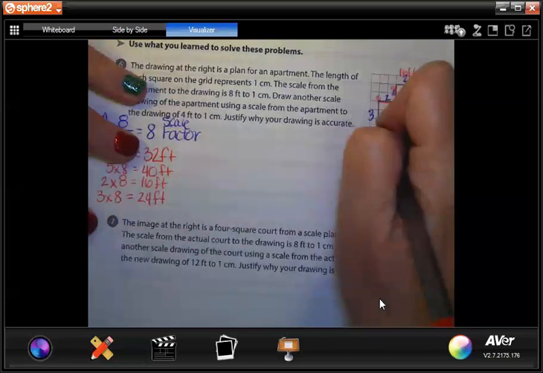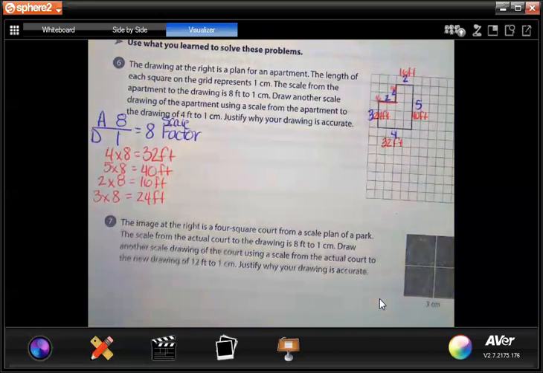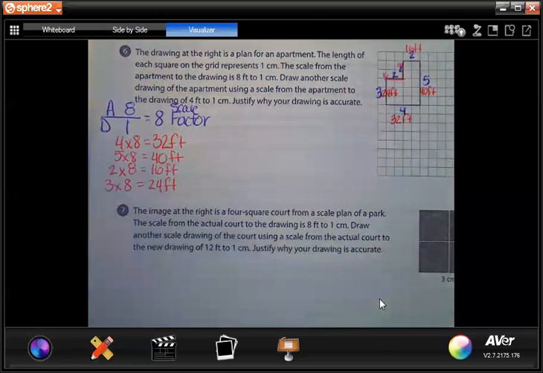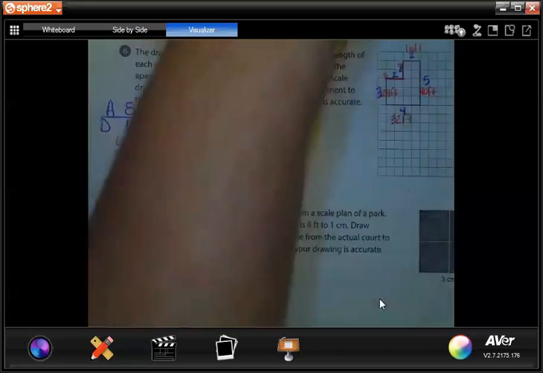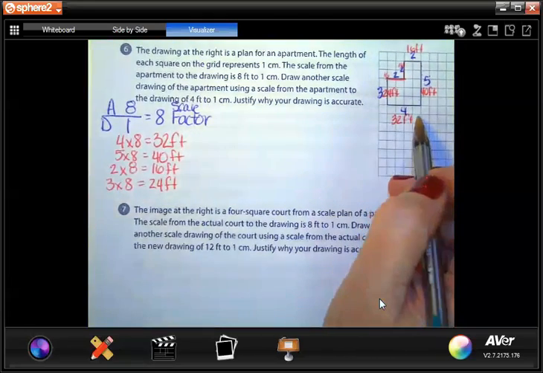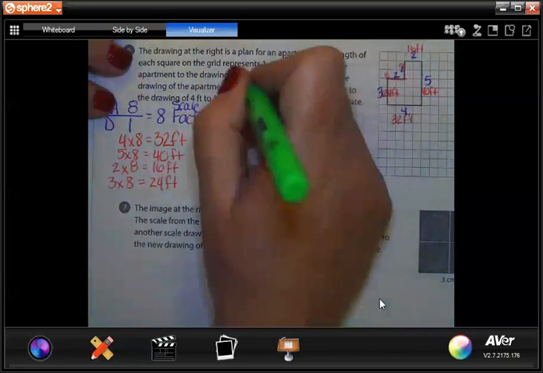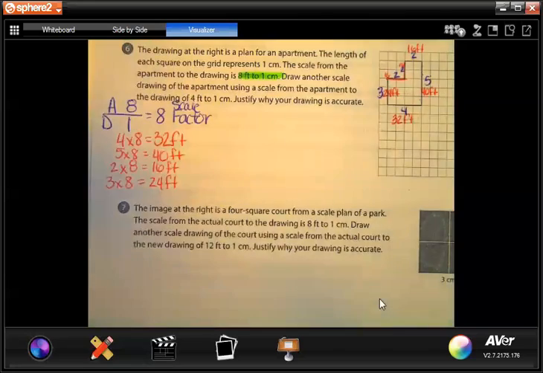So this is actually 24 feet. Okay. So now what I did is I found the actual dimensions of this shape, using my scale factor, which they told me right there.